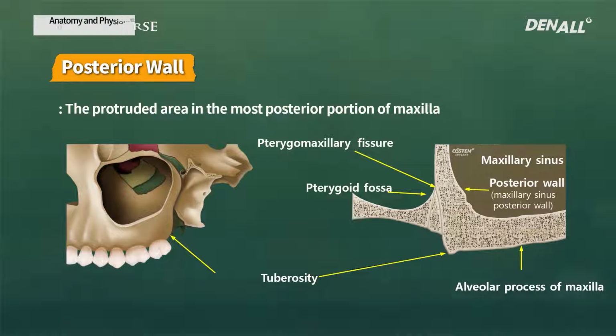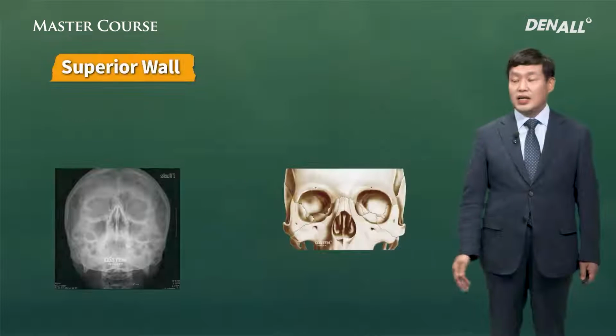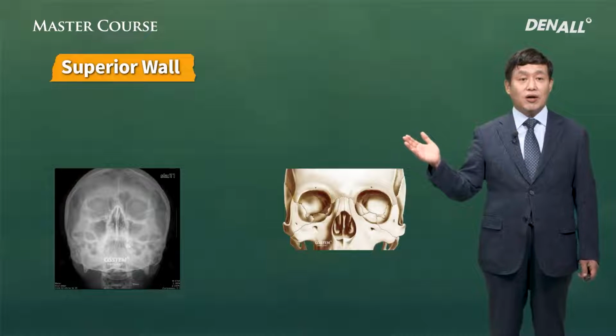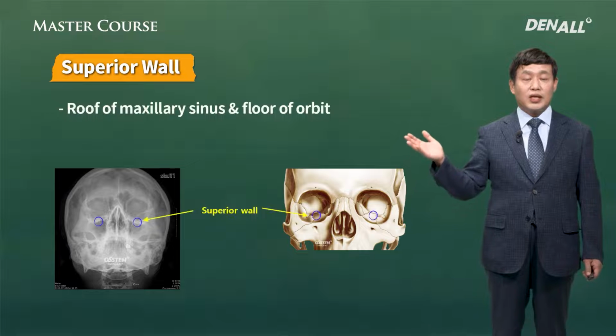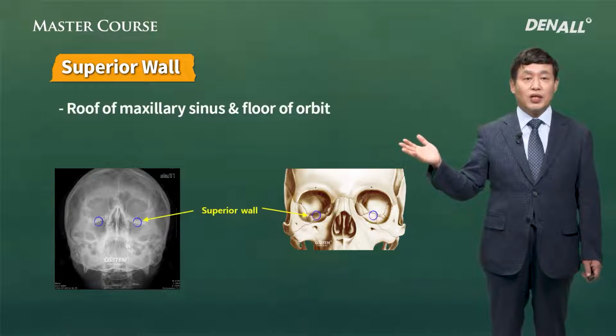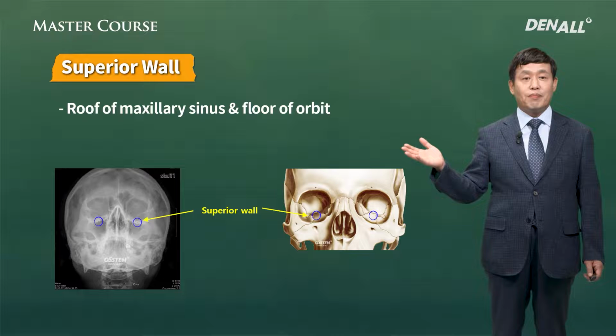Next, the posterior wall. It is in front of the pterygoid plate. During surgery, I don't think you can easily access there, and you don't really need to go there as well. Next, the superior wall of the maxillary sinus is the floor of the orbit.